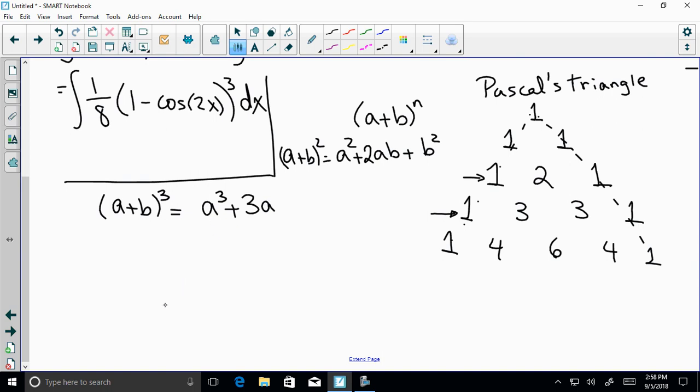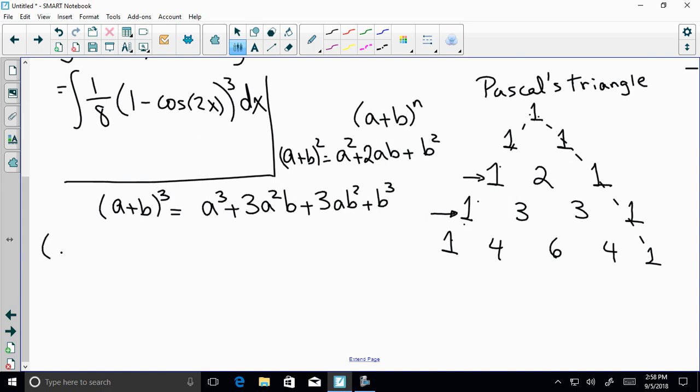Now it's going to be what? 2, b. Then what's the next one going to be? 3ab squared. What's the next one going to be? B to the power what? 3. See, these have to always add up to 3. A cubed, a squared b, ab squared, then b cubed. The powers always add up to 3. That's 3, that's 2 plus 1 is 3, 1 plus 2 is 3, and this is 3. It's a shortcut.